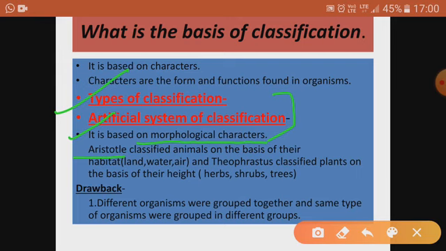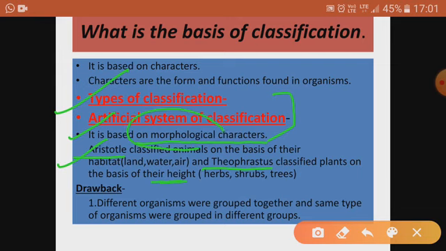And another scientist, a botanist, Theophrastus, classified plants. He is the father of botany basically, and Aristotle is the father of biology plus father of zoology. So Theophrastus classified plants on the basis of their height. Again, he took one of the morphological characters, meaning inner characters were not taken into consideration, only the outer characters.